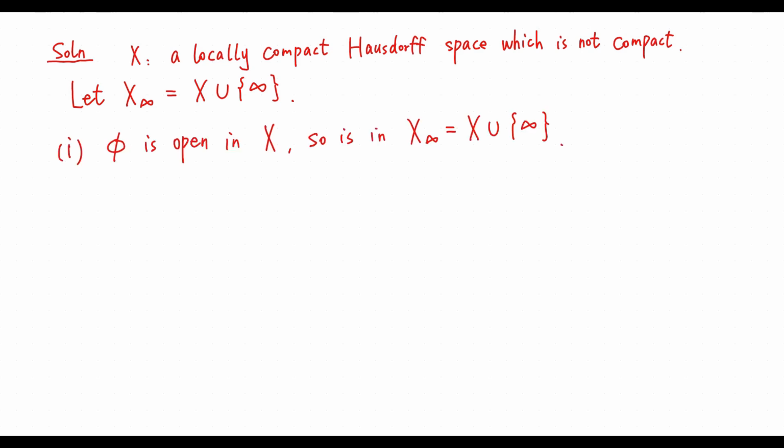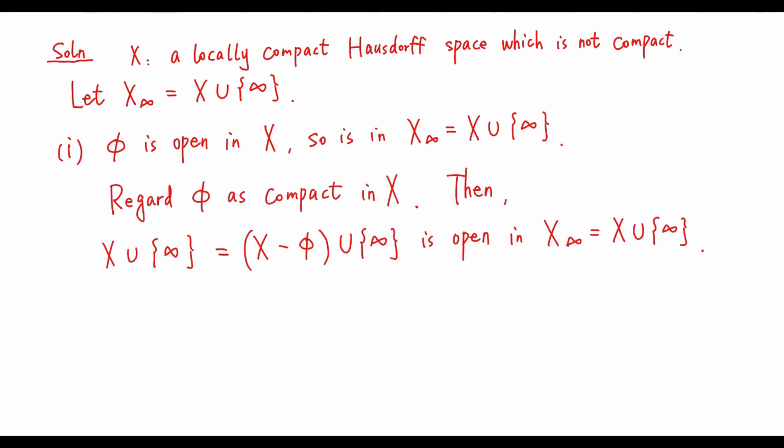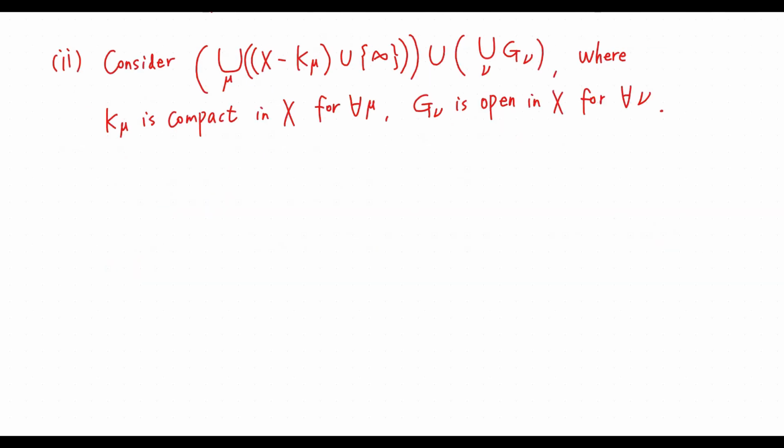The empty set is open in the space X, so the empty set is open in X infinity. We also see that X union the point infinity is open in X infinity. Consider this union.